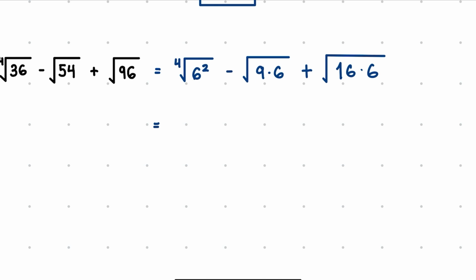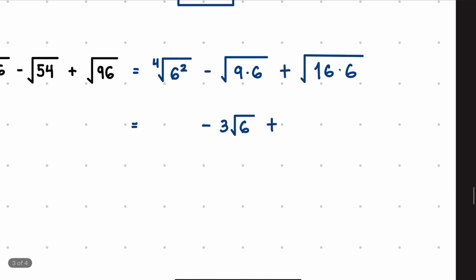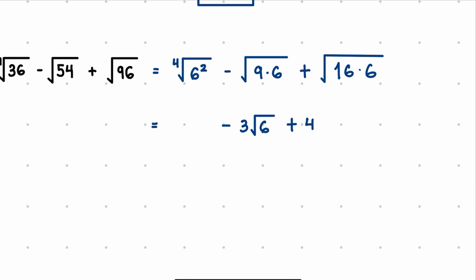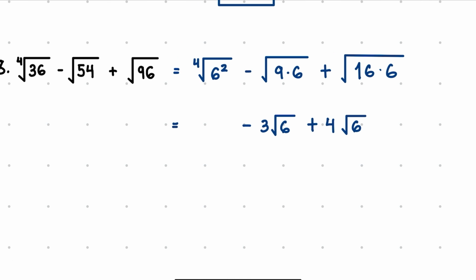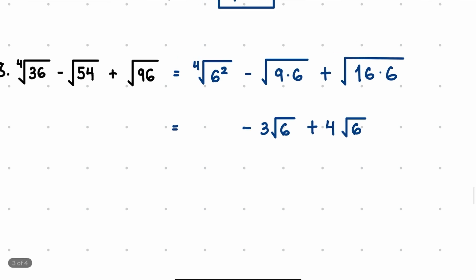So we have here minus square root of 9 is 3, and then square root of 16 will be 4 square root of 6. So we'll have 2 here. If we cancel that one out, then this must be 2, so we'll be left with square root of 6.